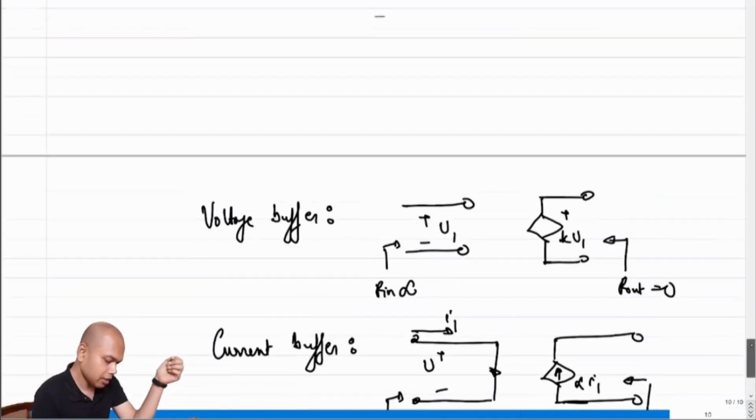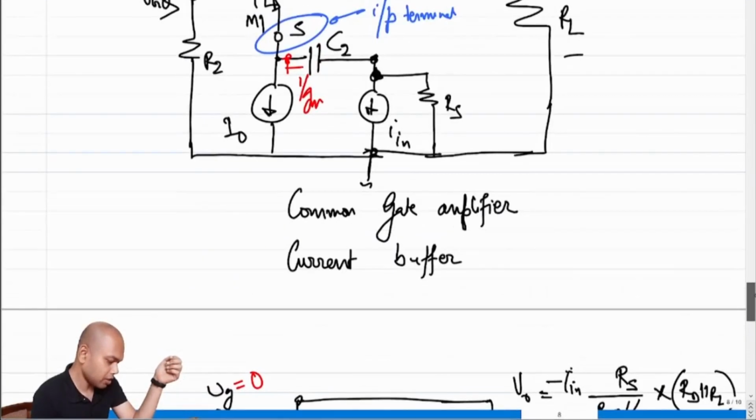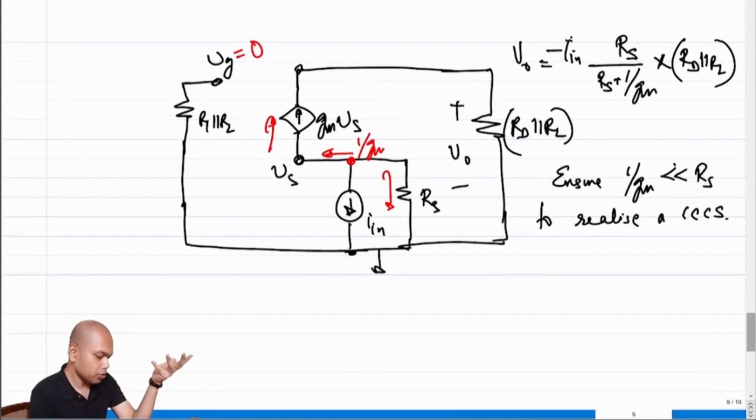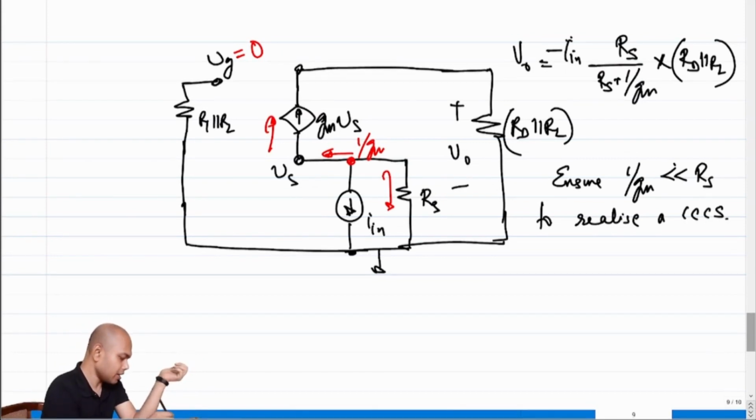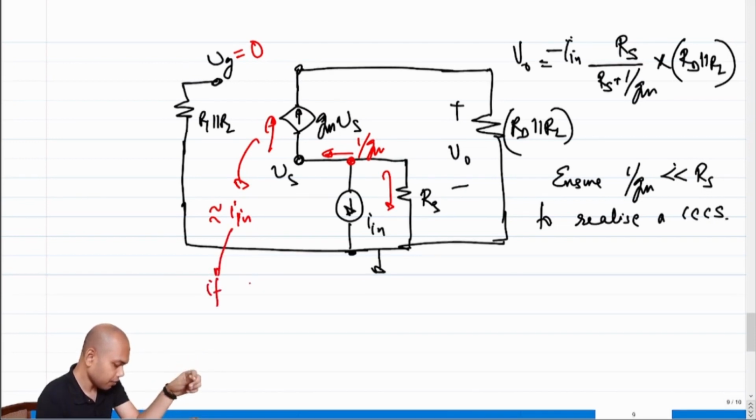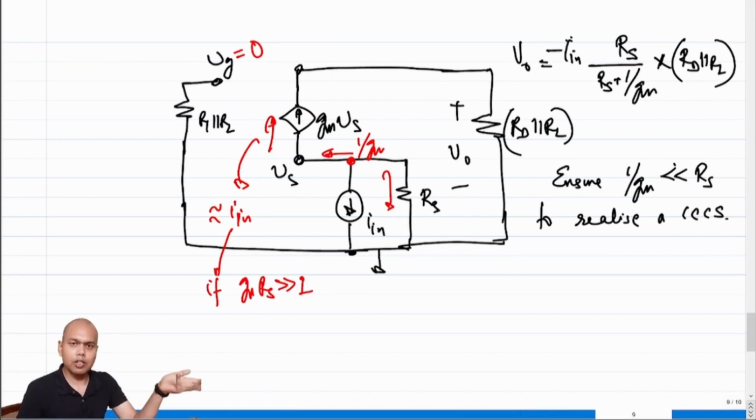So looks like the common gate amplifier that we have is doing just that, because the amount of current that is flowing in, right? So what is the current that is flowing in? The amount of current that is flowing in is almost equal to I in if Gm times Rs is much greater than 1. Now Rs might not be in your control, but Gm is in your control. You can design your circuit in such a way that Gm times Rs is much greater than 1. If that is true, then almost the entire I in flows in regardless of whatever is connected at the output port, right?